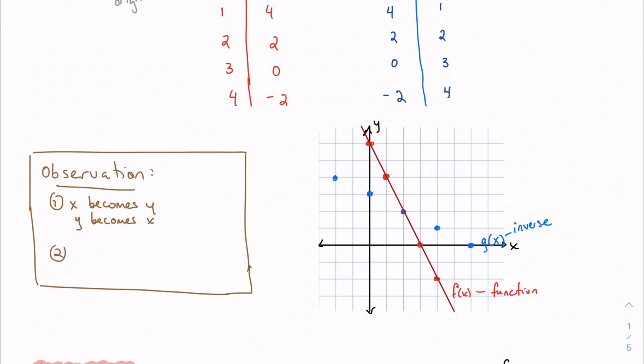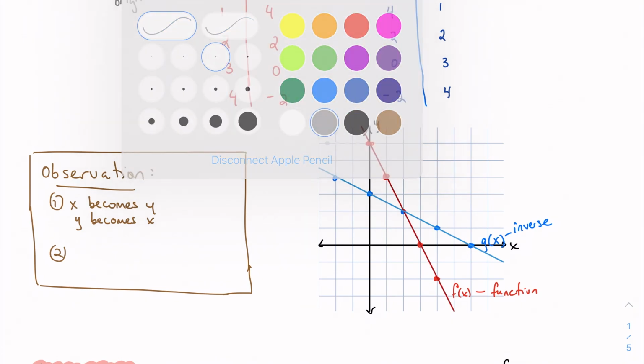There we go. If I connect these points, you notice that they meet at a point here in the middle. That's not necessarily going to happen every time, but more importantly, there's some symmetry here. There's a mirroring over the line y equals x.